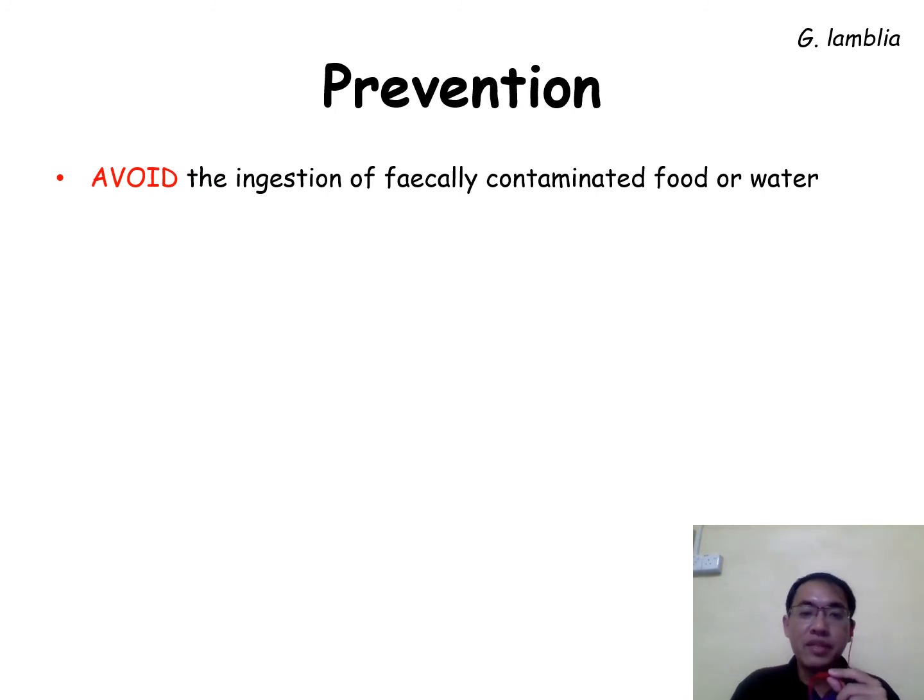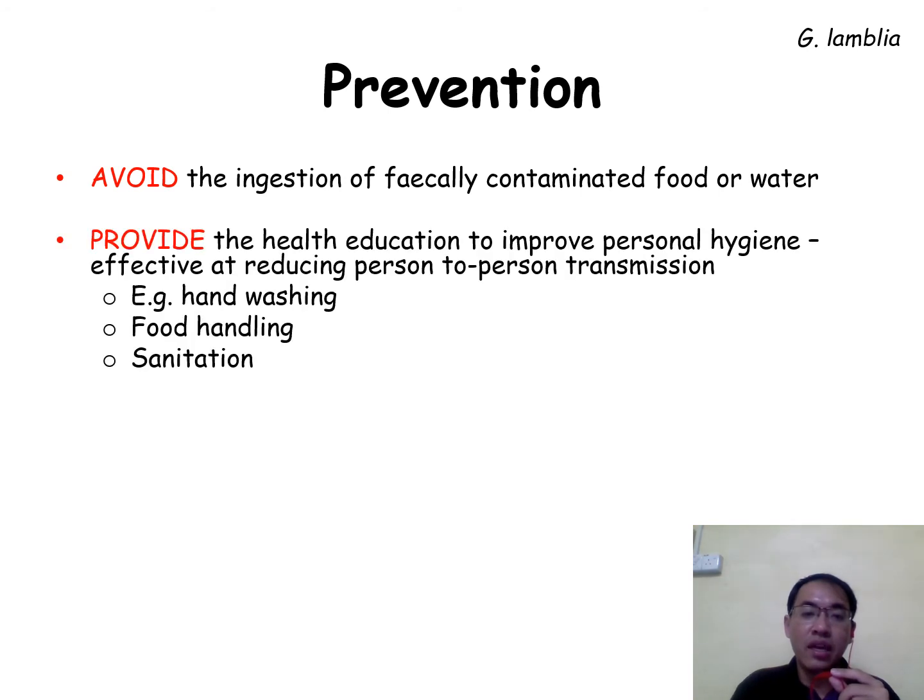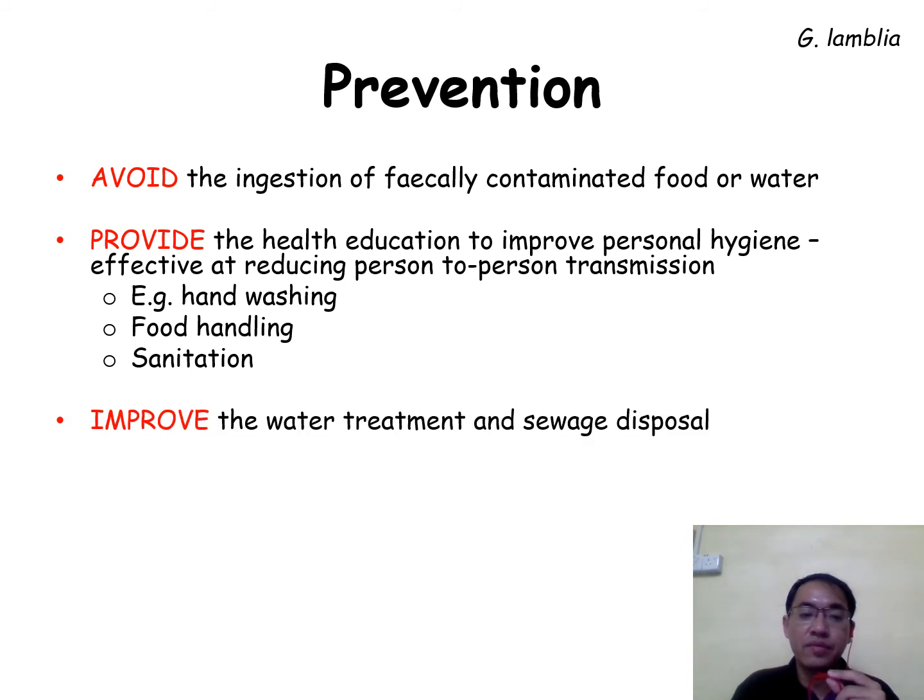The prevention method is similar to other fecal-oral route transmitted protozoan. For the host, we have to take only safe and clean food. And education has to be provided to people to improve their personal hygiene. We hope that this will reduce the percentage of person-to-person transmissions.